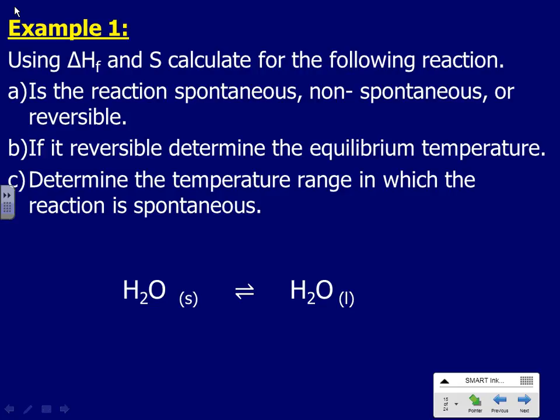We want to study ice melting. Once you have that written down, I want to bring us back to my oh-so-nice neat table here.